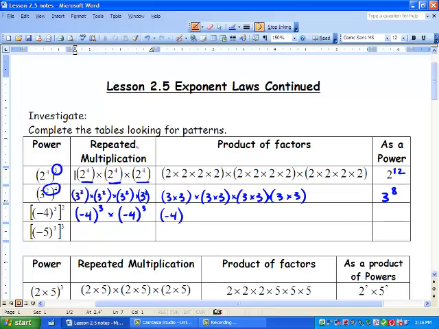Negative 4 times negative 4 times negative 4 times negative 4 times negative 4, and finally one more time, times negative 4. So what is that saying? We have negative 4 in brackets, and if we multiply 3 times 2, we get 6. And we have 6 negative 4's there.